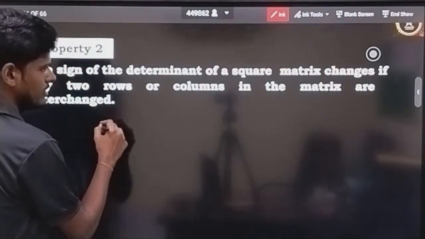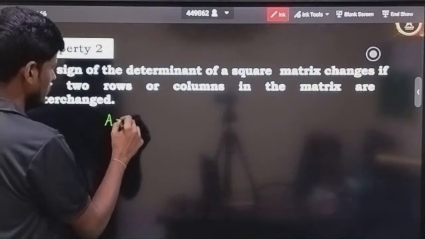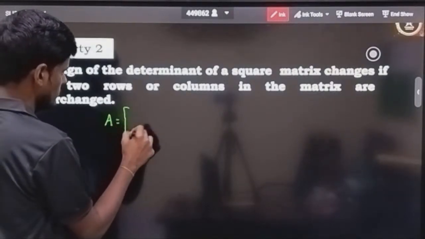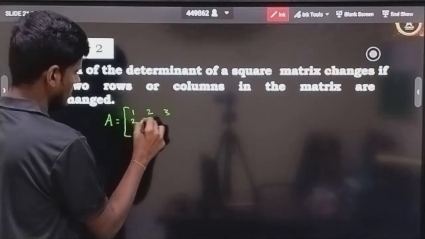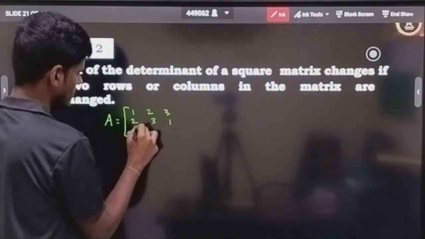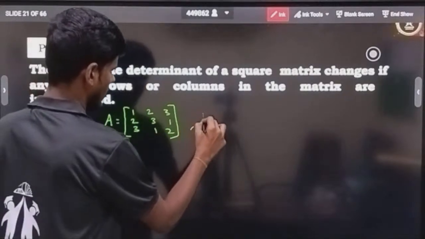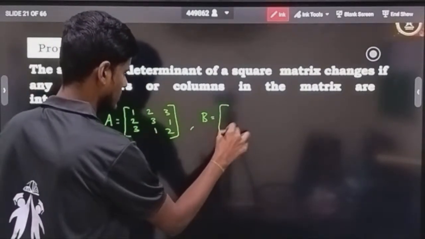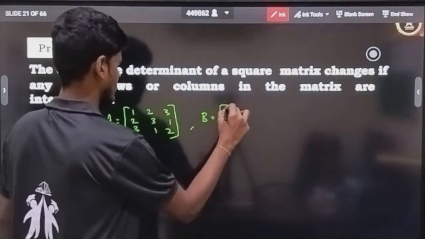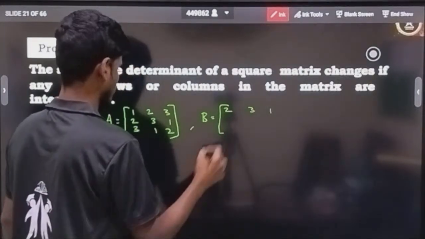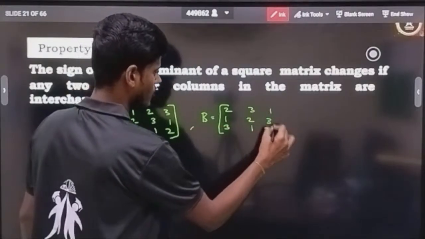Let A matrix equal to 1, 2, 3, 2, 3, 1, 3, 1, 2, and B matrix is, we will interchange first row and second row now: 2, 3, 1, 1, 2, 3, and 3, 1, 2.